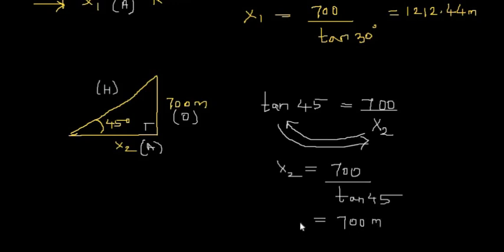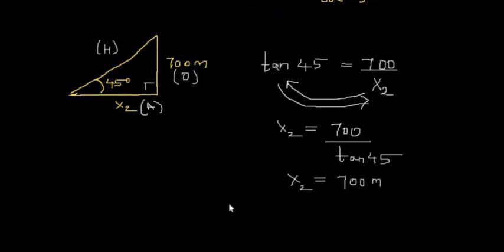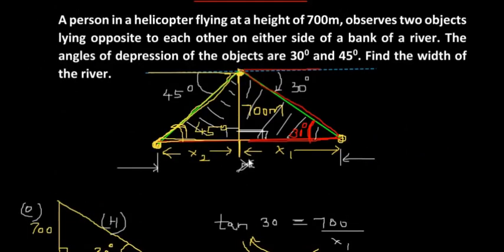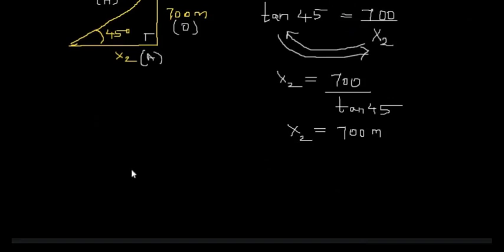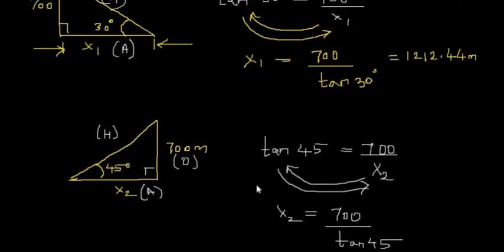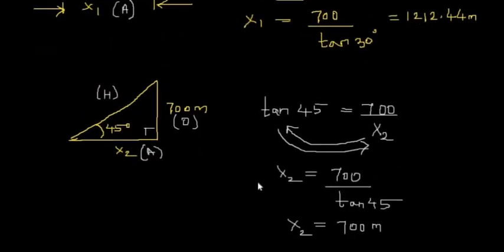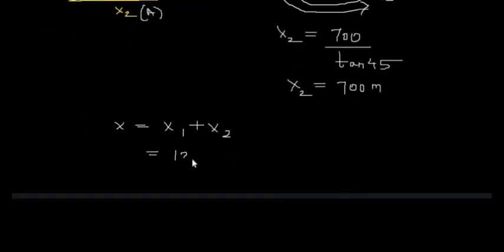This is your x2. And we know that x is the sum of x1 and x2. We write here x equals x1 plus x2. So x1 we had got as 1212.44 plus 700.